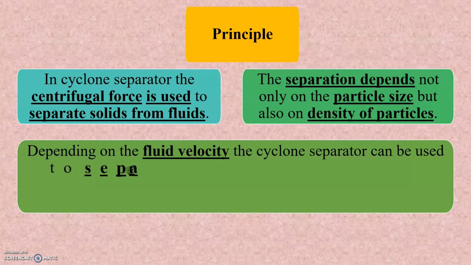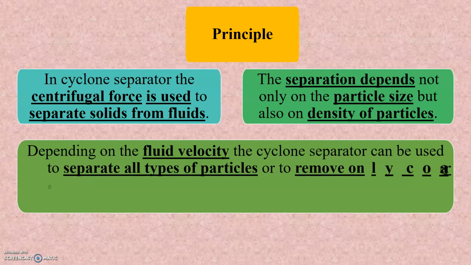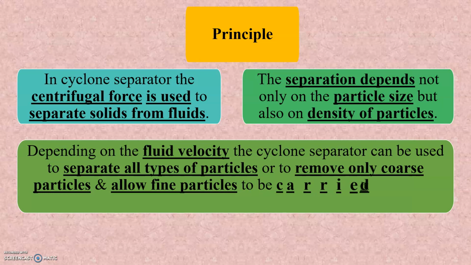Depending on the fluid velocity, the cyclone separator can be used to separate all types of particles or to remove only coarse particles and allow fine particles to be carried through with the fluid.